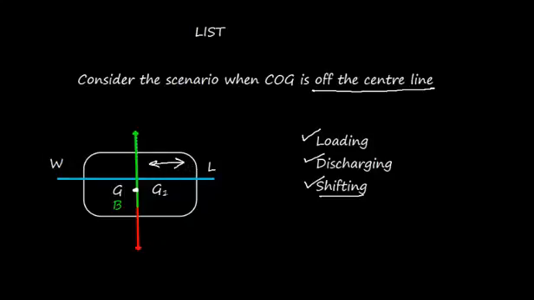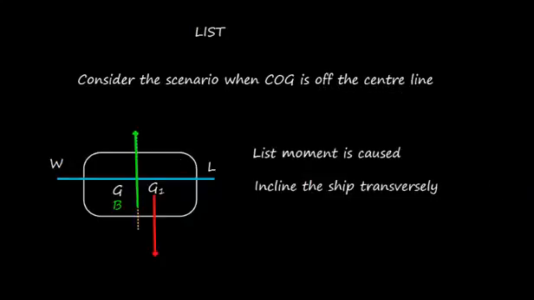So this is an internal cause. Now if the COG is there, a list moment is caused, and this list moment will incline the ship in the transverse direction.